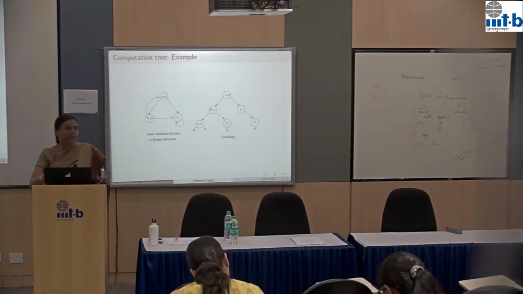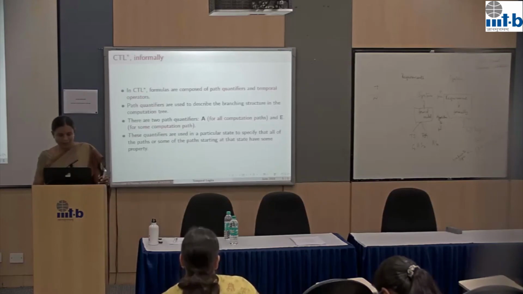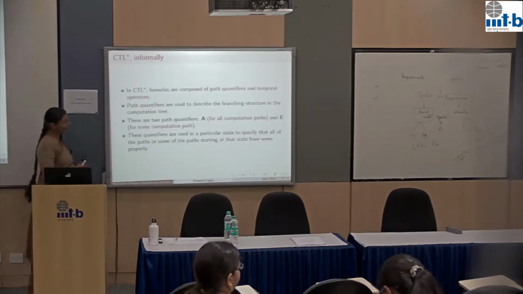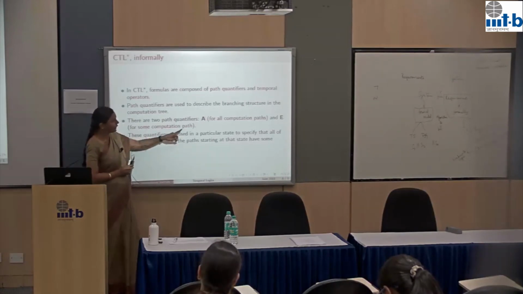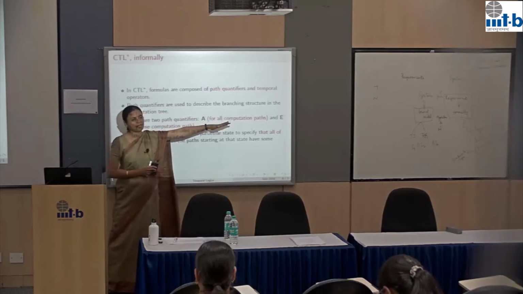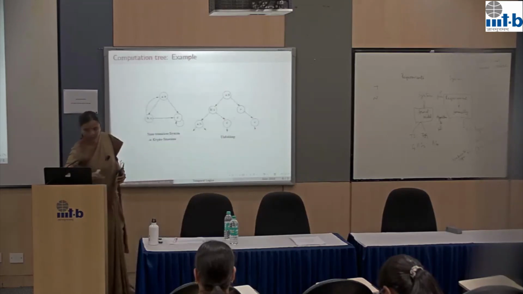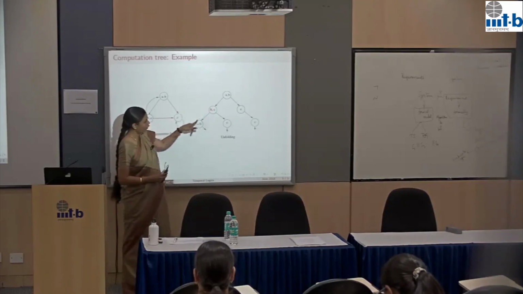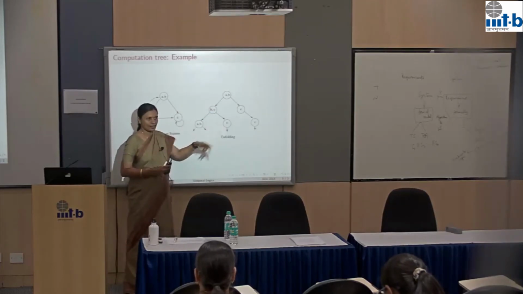So we will look at branching time logic. That branching time logic is called CTL. So CTL and CTL star. So it says sitting at a state, if I write an A, I mean all computations from that state. So for example, if I sit at this state, if I write a formula with an A, I mean all the futures from that state.